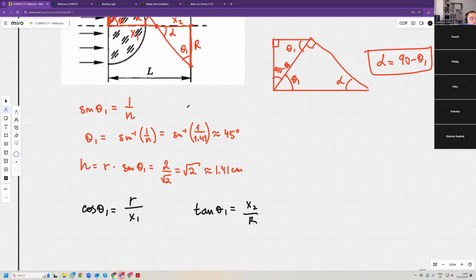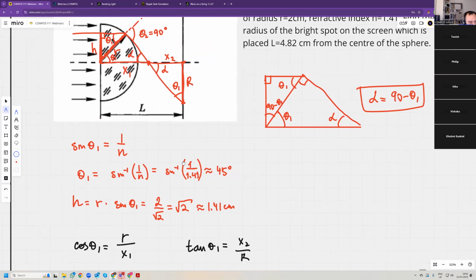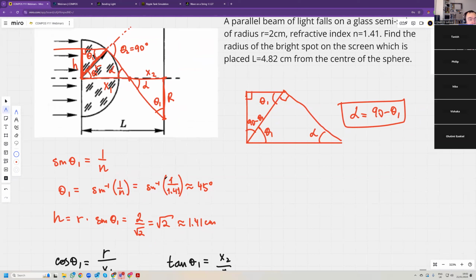Okay. And, well, actually, we need to find x1 first. Okay, let's find x1. x1 is r divided by cos theta 1, which is 2 root 2, which is approximately 2.82.